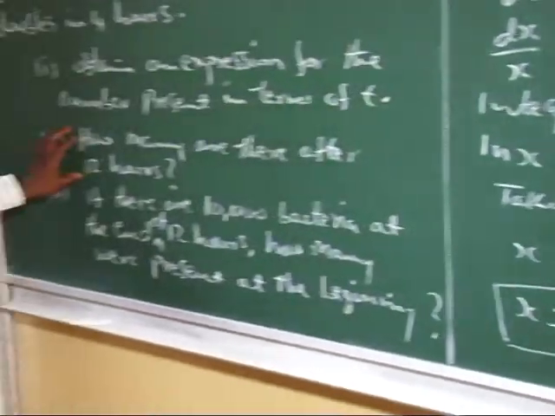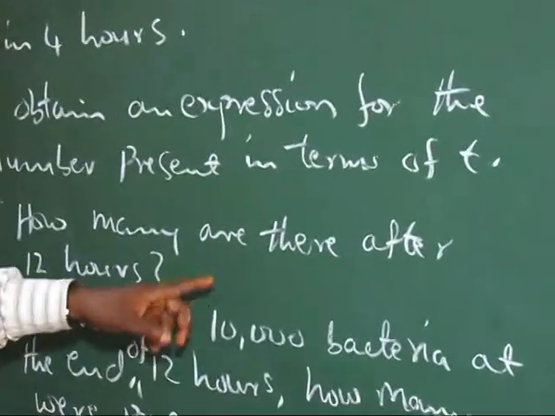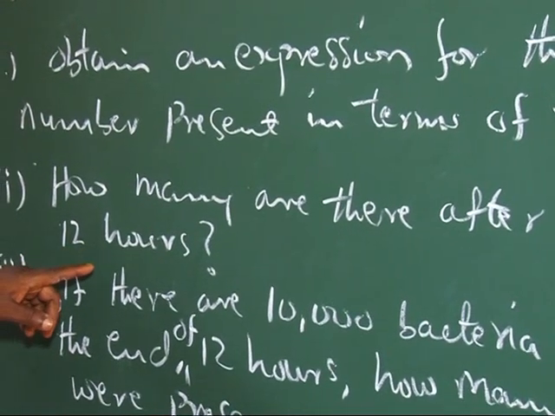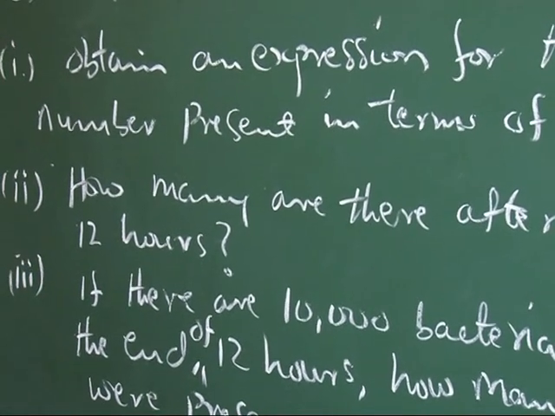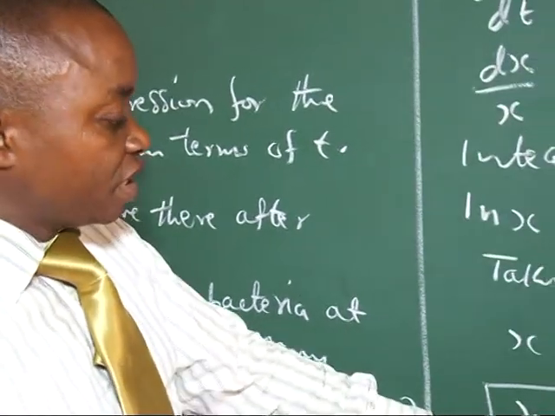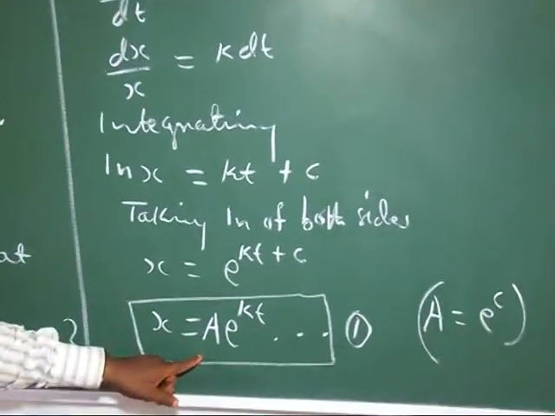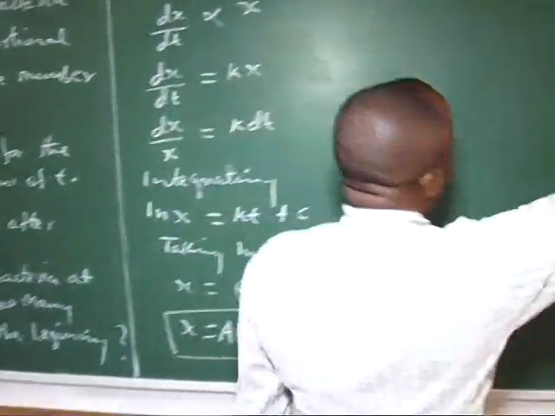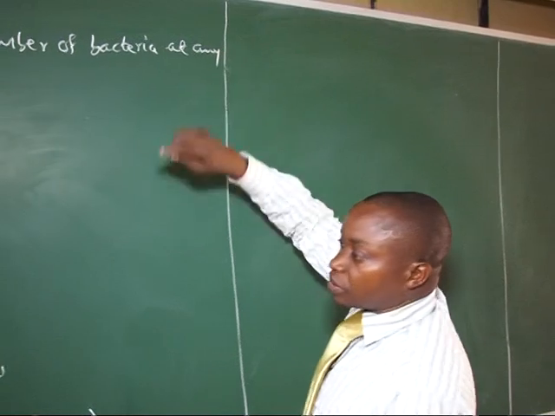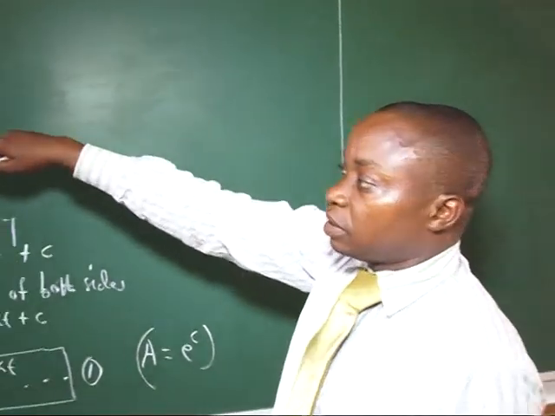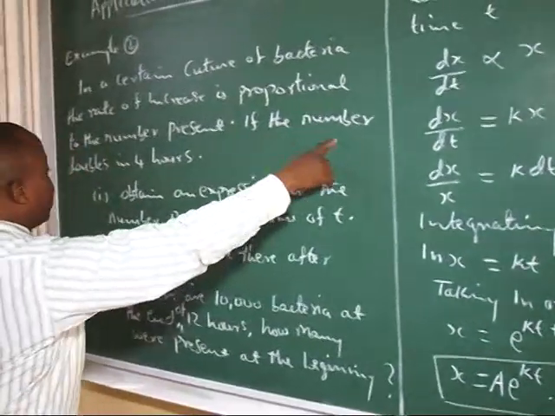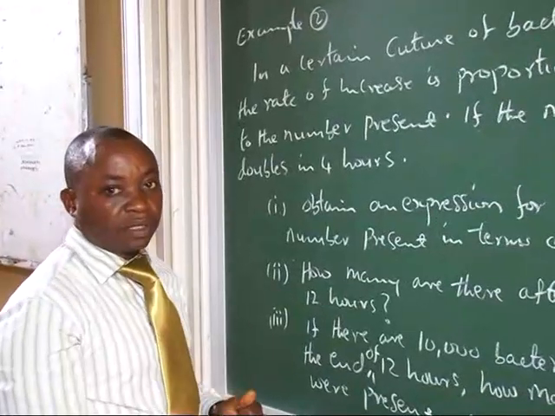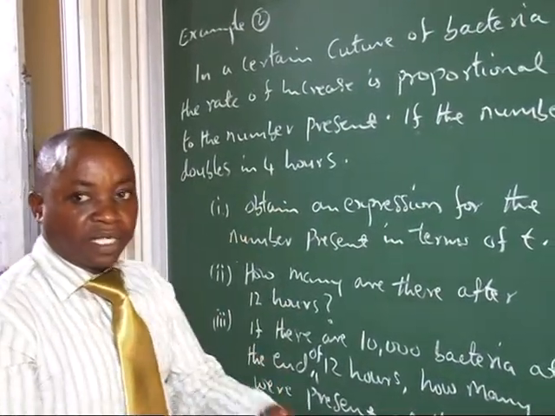Then we'll now go to question 2. How many are there in 12 hours? But before we answer that, we must find the value of the constant A. The question was that if the number doubles in 4 hours, that is at t is equal to 4, the number is double.